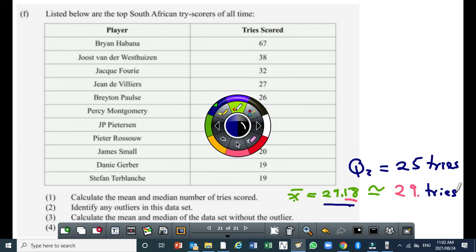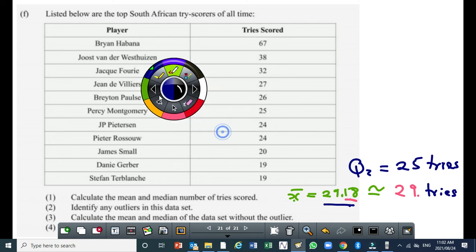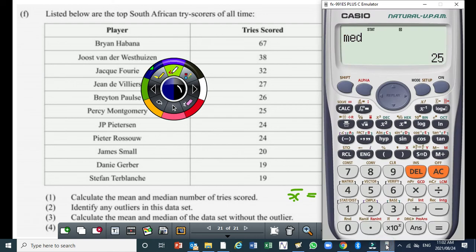Alright? Then identify any outliers in this data set. Now, to identify the outliers, you need to determine this interval. Okay, let me go to the next page. Fortunately, I've got all my information in my calculator, right? I don't need Q2. Let me retrieve Q1 and Q3. Can someone write them down for me?